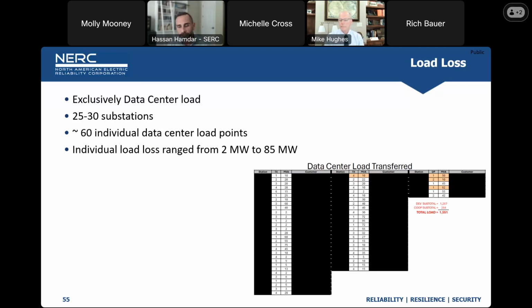There's a big range. This was a big takeaway for us: you can see this redacted data here on the screen showing data center loads and the size of those loads. They range from anywhere from 2 megawatts to 85 megawatts. So there's a big variance in these things.